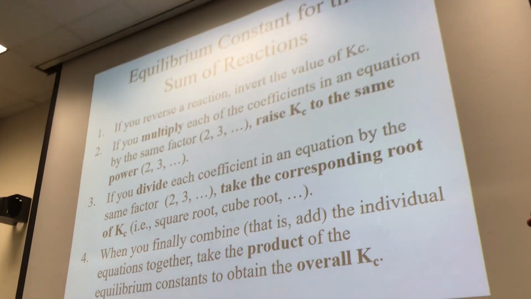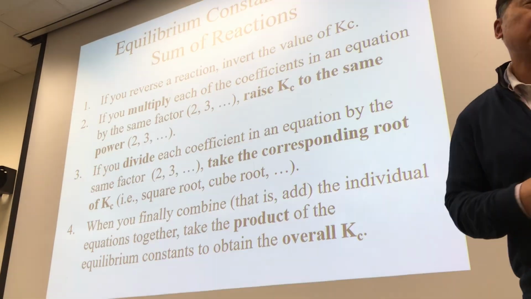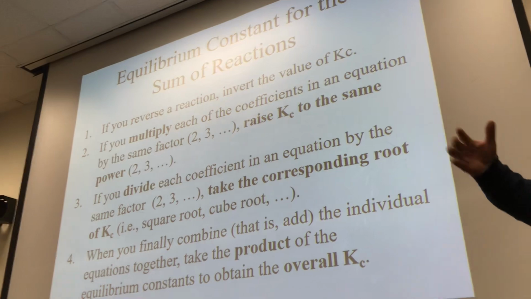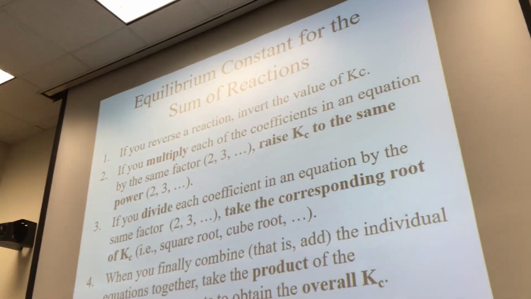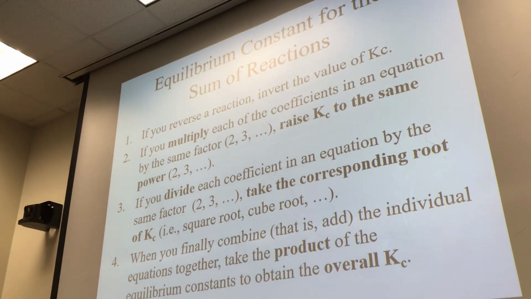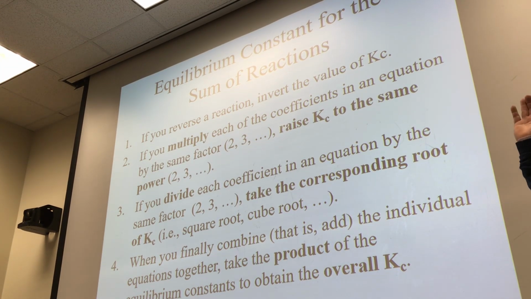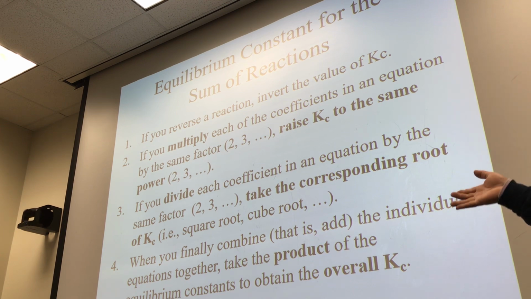Now, in my class we talked about Hess's law. This is one of the problems if you're taking somebody else's Gen Chem 1, because they do not cover this, and it's going to be very challenging. So I'm trying to make it as easy as possible.